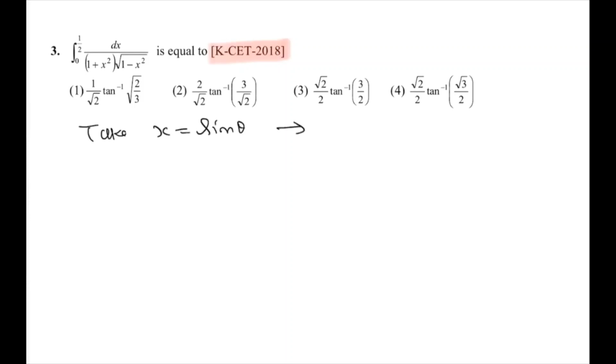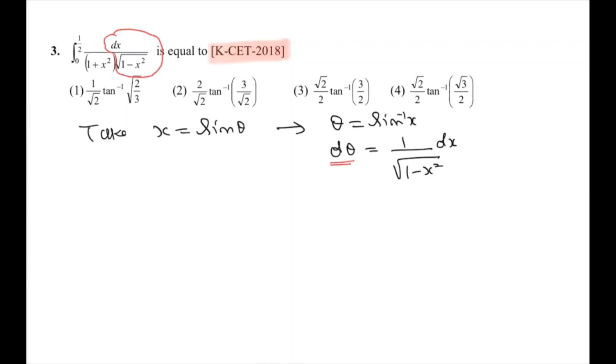That gives theta equal to sine inverse x. Differentiating, d theta is 1 upon root of 1 minus x square dx. So dx upon root of 1 minus x square can be replaced by d theta.